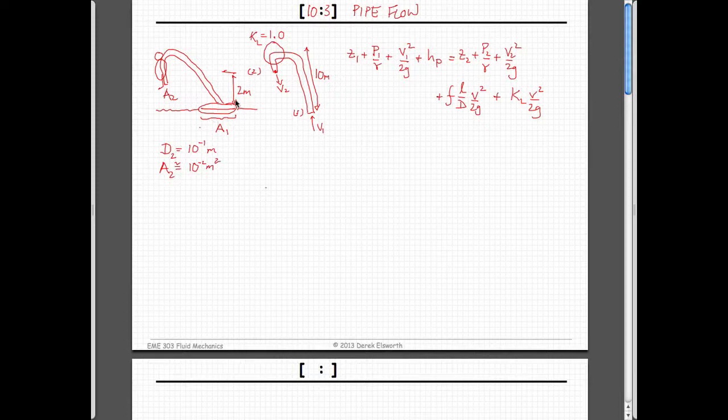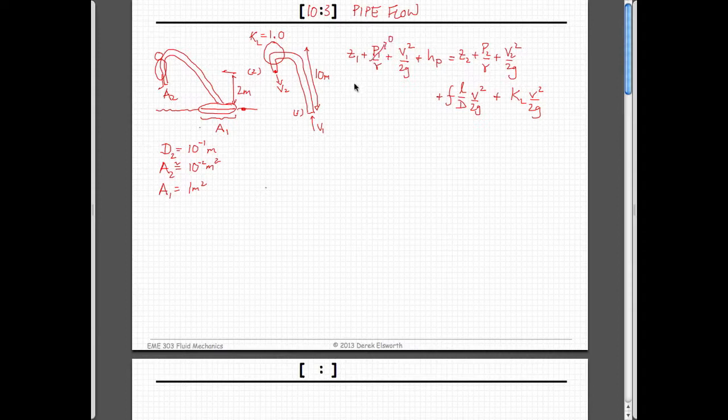And I don't know what the area for A1 was, but maybe it's of the order of a square meter. You have this big raft following behind, sucking up water, so the magnitude of the area of this, within an order of magnitude, is 1. And so let's figure out what we know in this particular case. The fluid here is basically on the surface, so it's pretty much at atmospheric pressure.